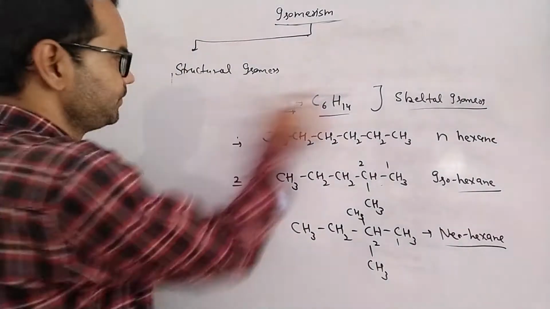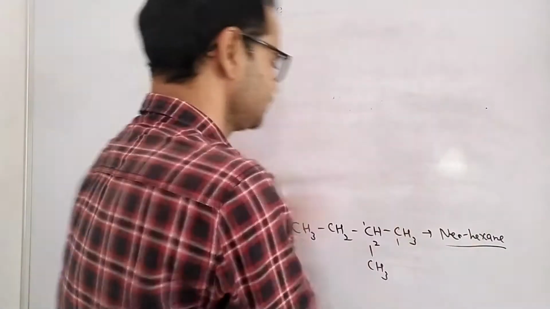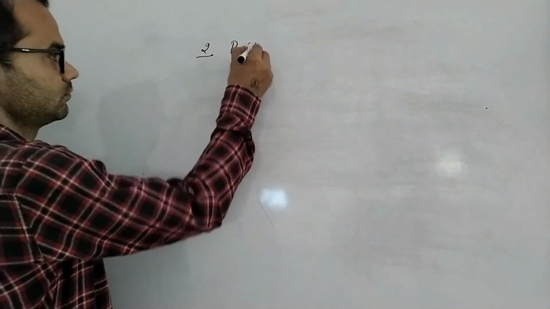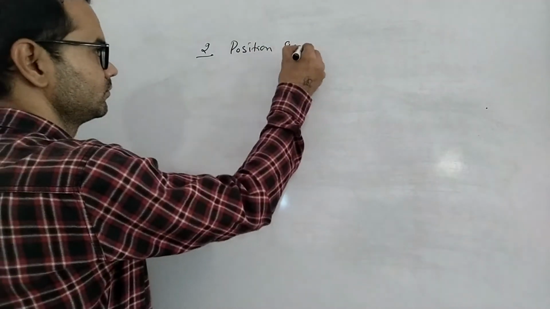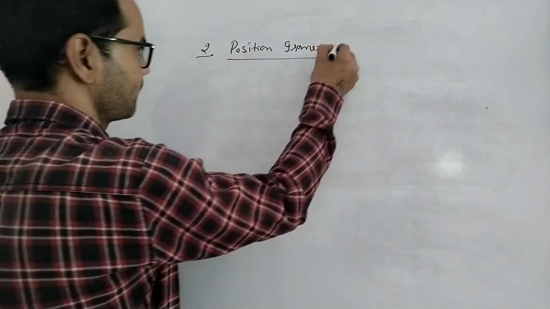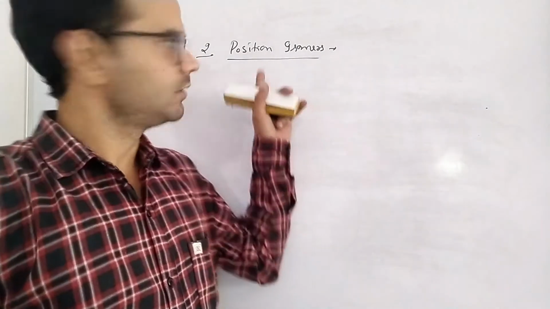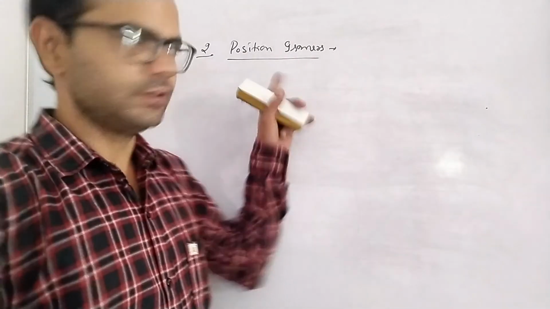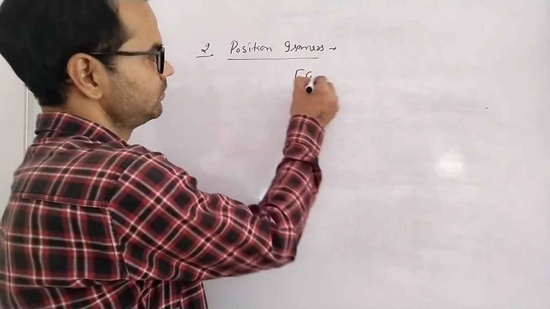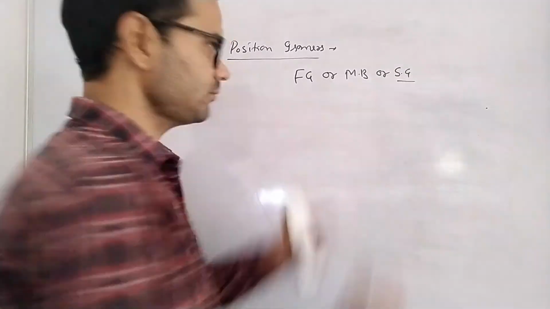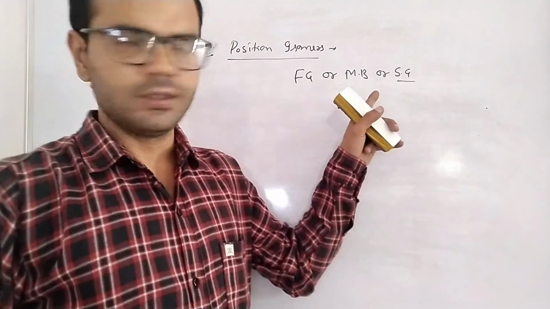Next is position isomers. As the name indicates, there will be a different position of either a functional group or a multiple bond or a substituent group.